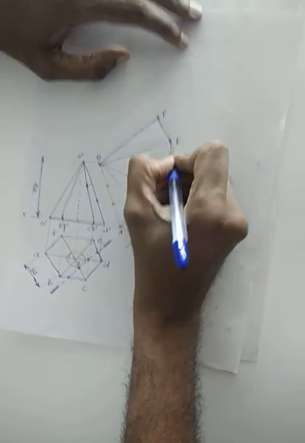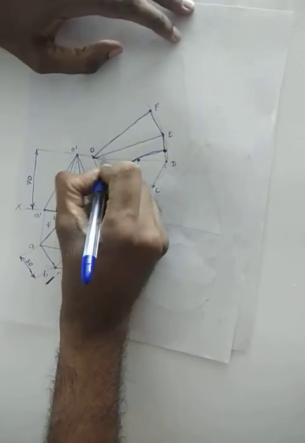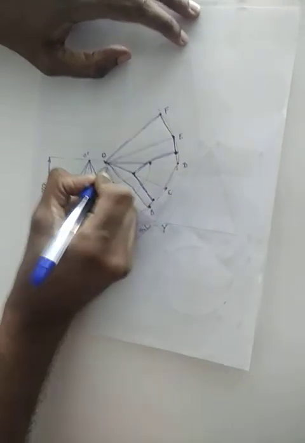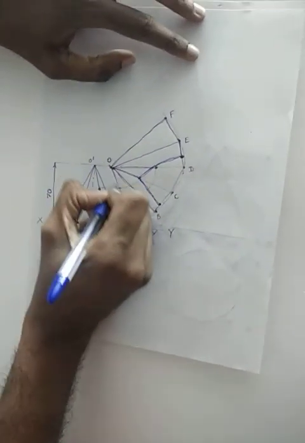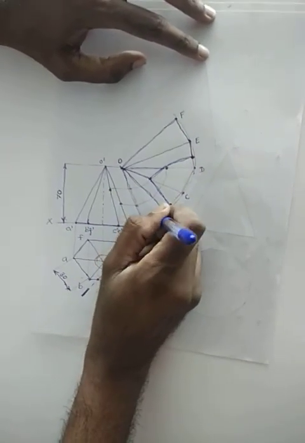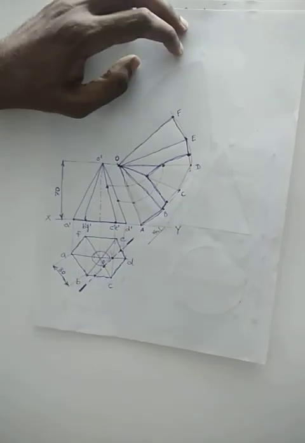All these portions should be drawn darkly till here. This much portion is getting removed, so that should be drawn lightly. This should be dark, this should be dark, this should be dark, this should be dark. And this line also should be dark. Here also dark. Okay, so this is how the final development will look.